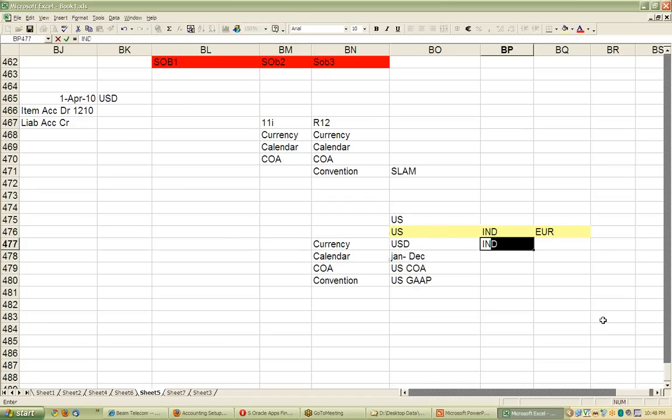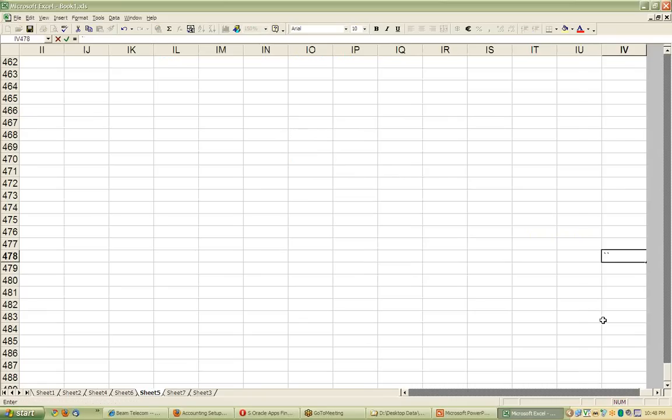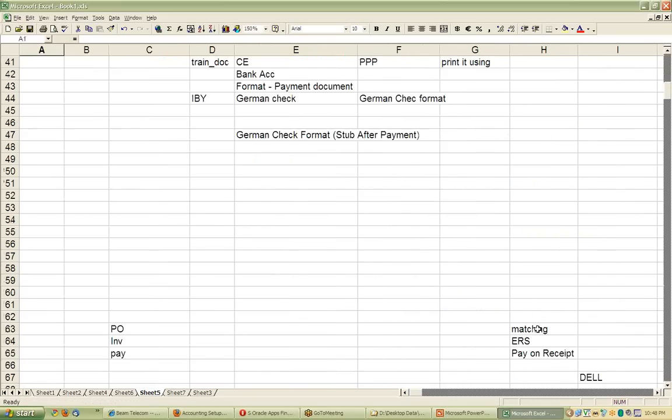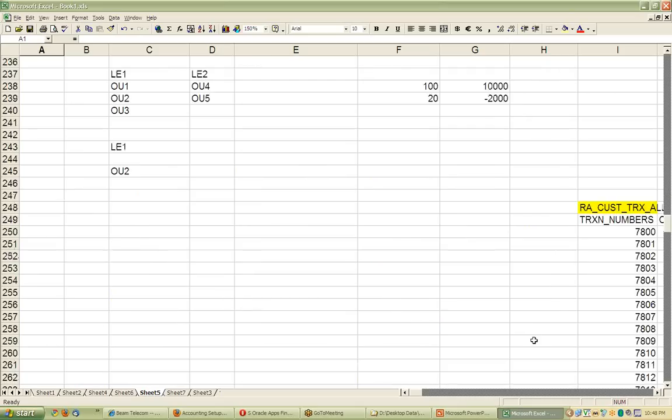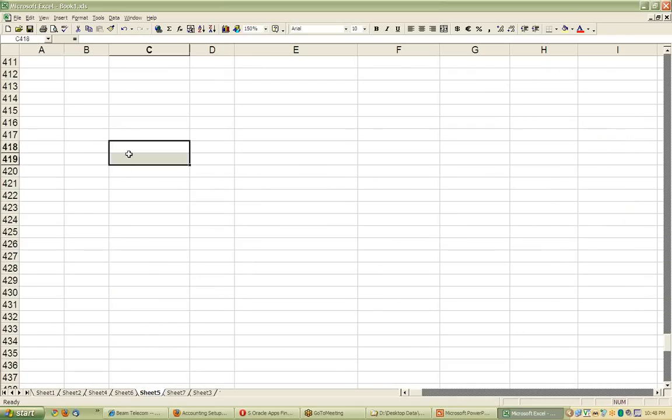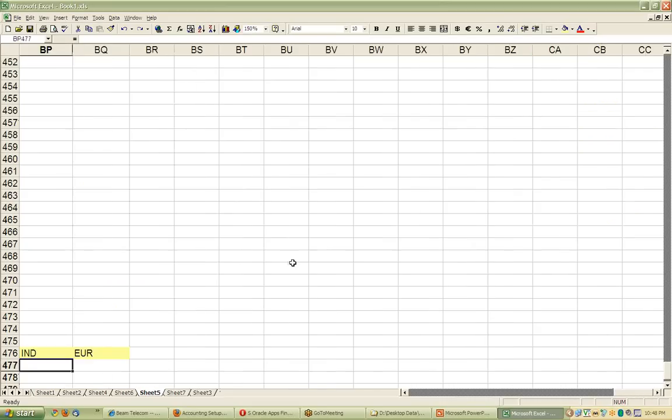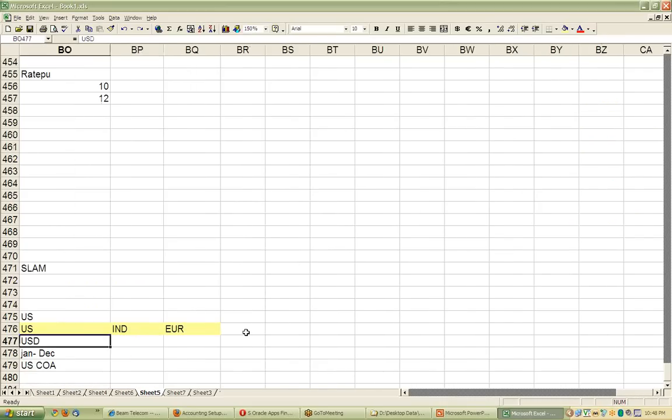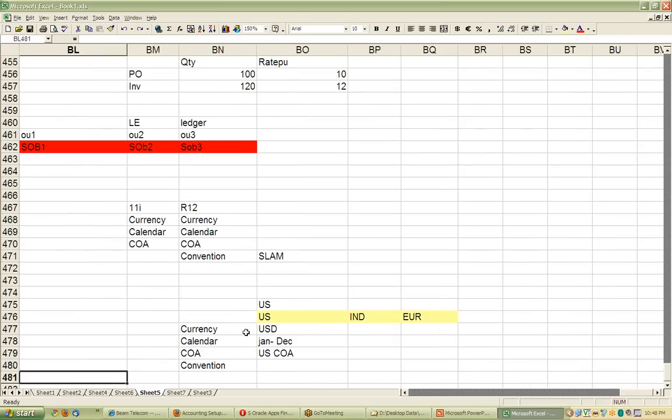For India, since the transactions are in INR, it is just a branch. I have the currency as INR, but I follow these principles.